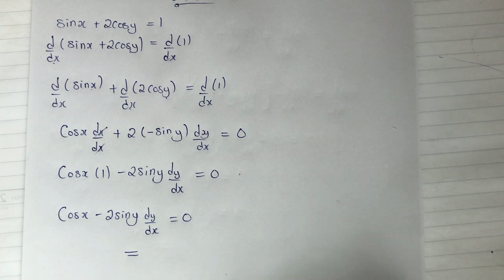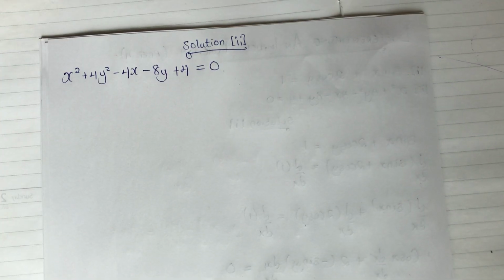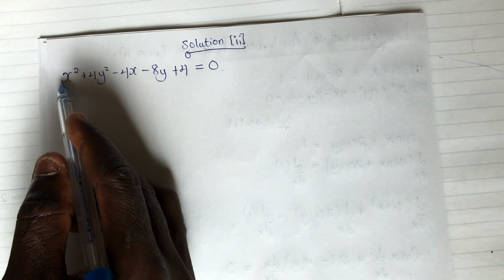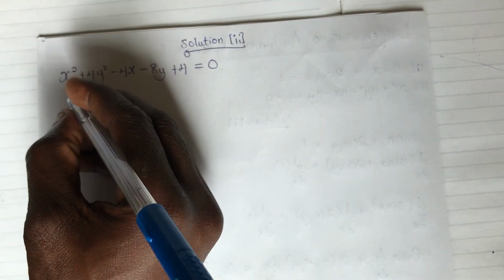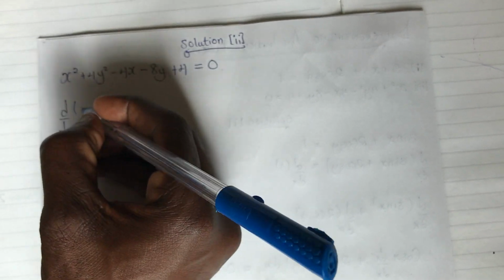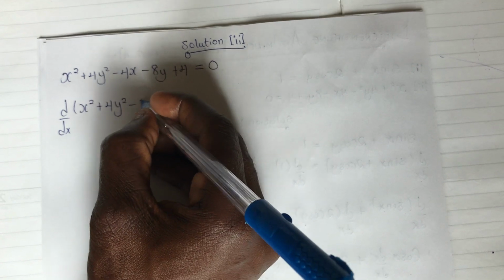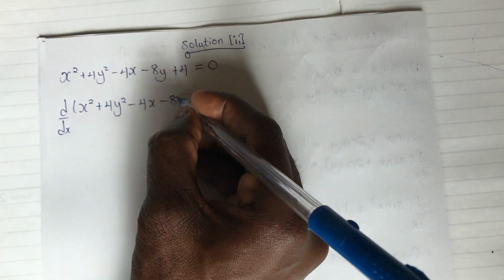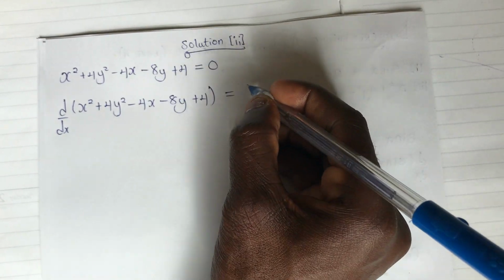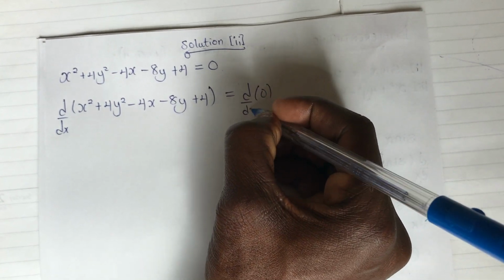Now let's take the next example. So this is the next example. The rule says apply the derivative to both sides of the function. So I have d, and remember we are differentiating the whole function with respect to x. So d of x squared plus 4y squared minus 4x minus 8y plus 4 equals the derivative of 0 with respect to x.